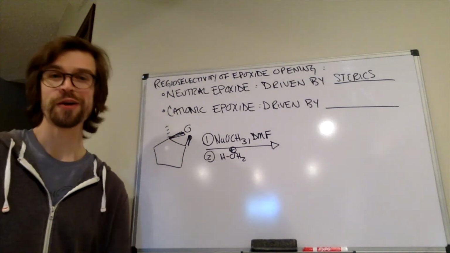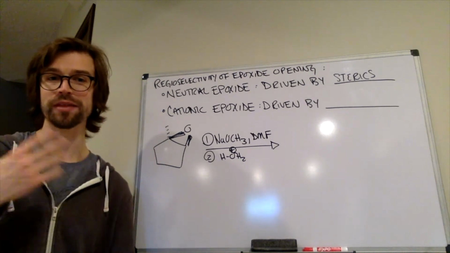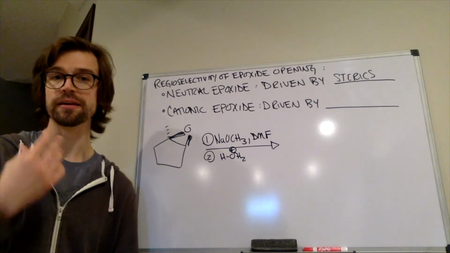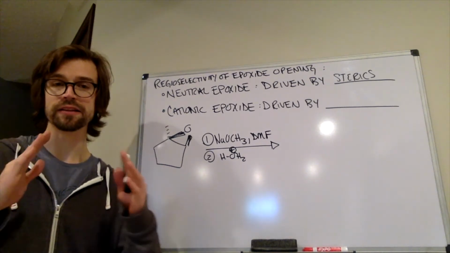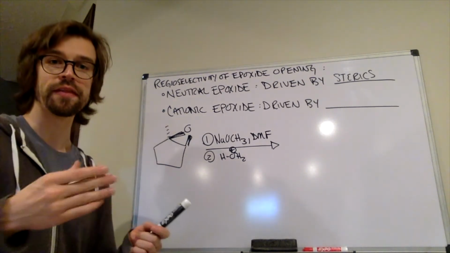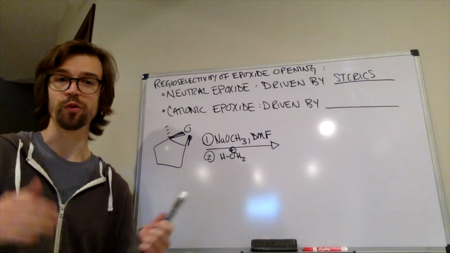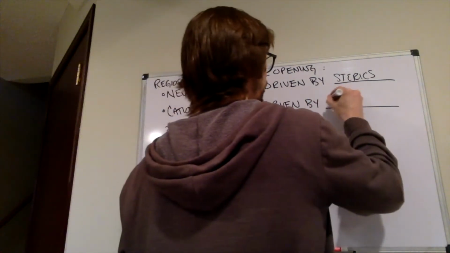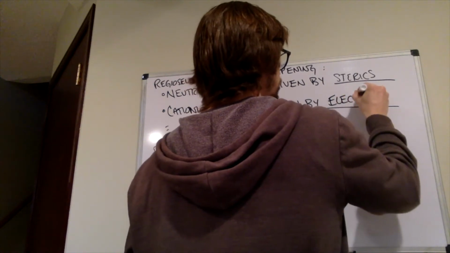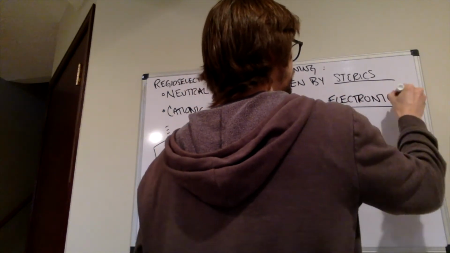How would we get that? We would react the epoxide with acid, which would protonate the epoxide, and remember that asymmetrically weakened the bonds of the epoxide, and then the nucleophile added to the weaker bond. That was really driven by electronics. What do I mean by electronics?